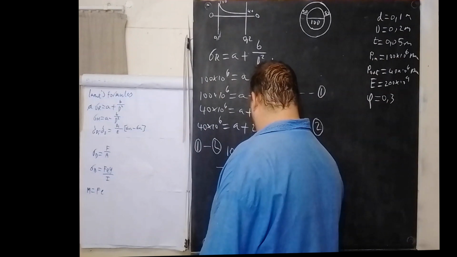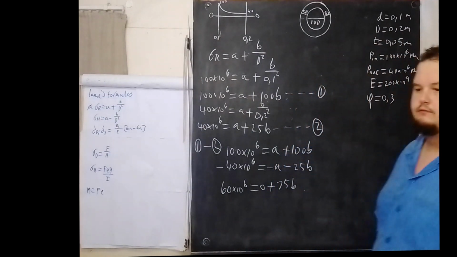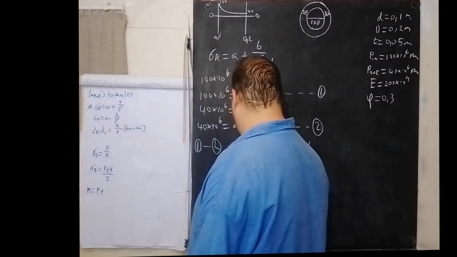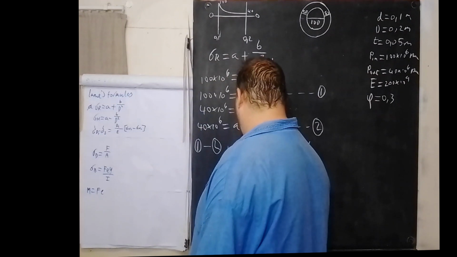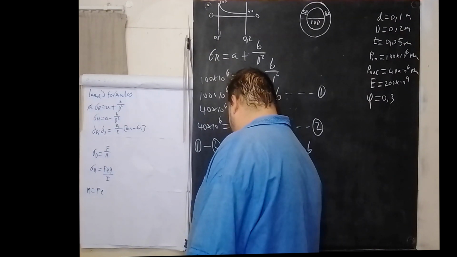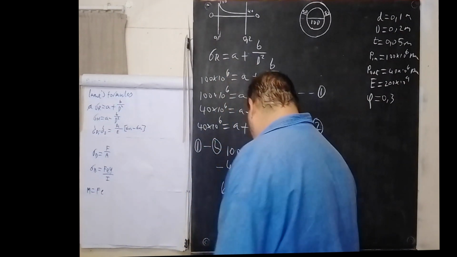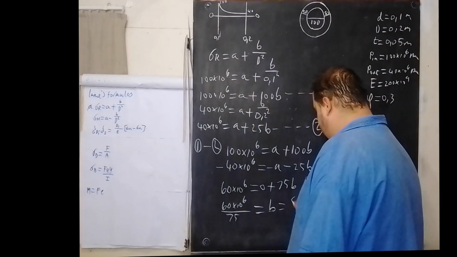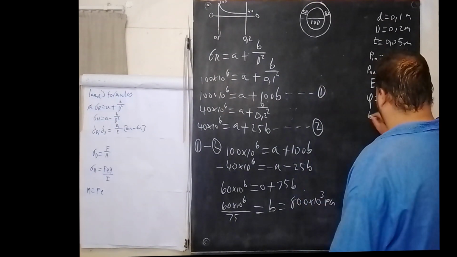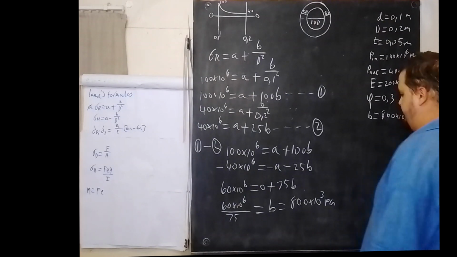So it's 0 plus 100 minus 25 is 75 B. Now we're going to divide 60 times 10 to the 6 by 75, which equals B. This comes out to B equals 800 times 10 to the 3 pascals.